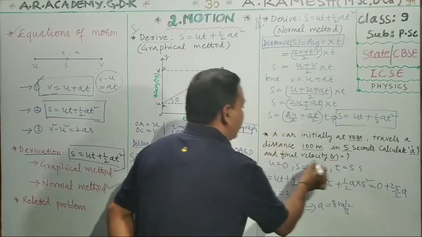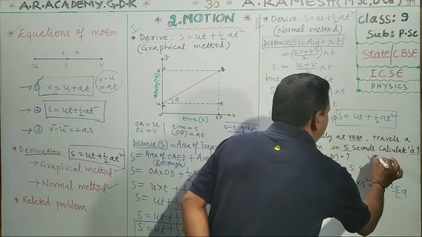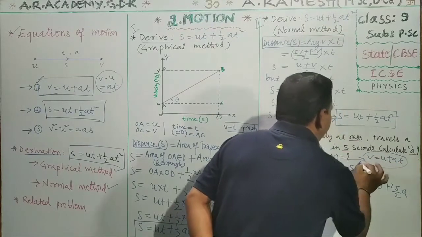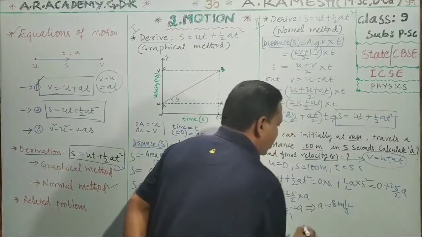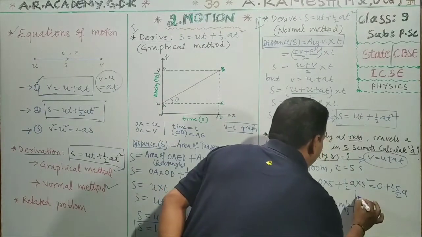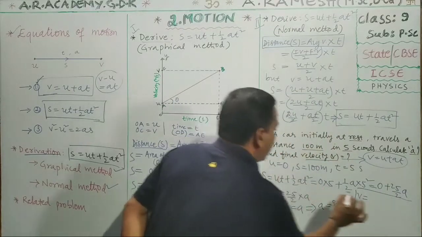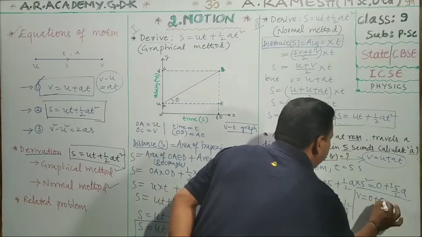But he asked to find out the final velocity. You know the final velocity formula, v equal to u plus at. This u plus at formula you have to use to find the final velocity. So substitute here: v, the final velocity, equals u, how much we got? 0, only given. a, how much we got? 8.